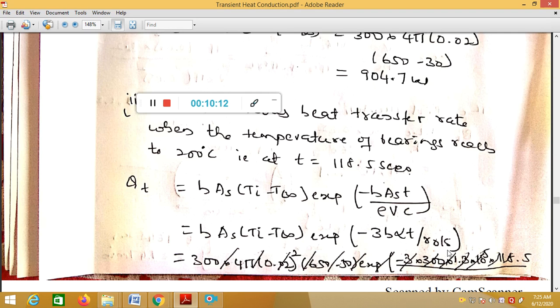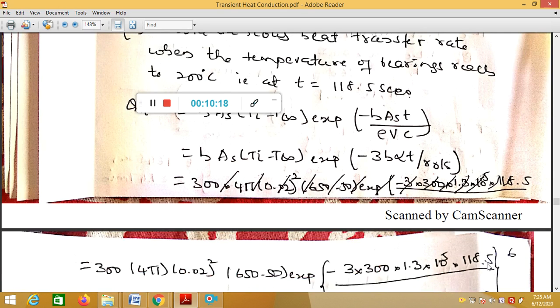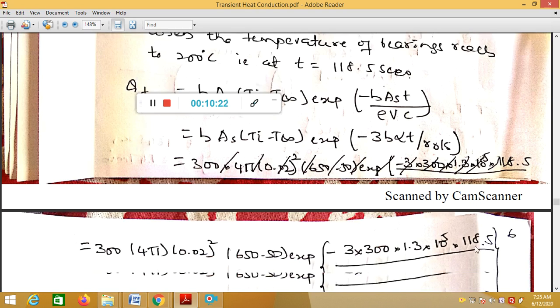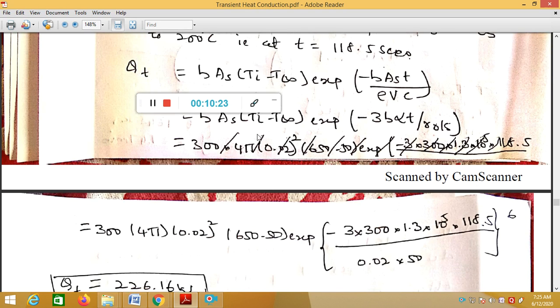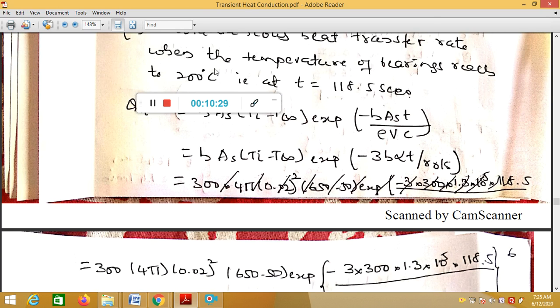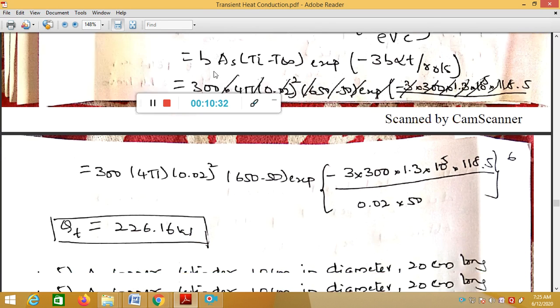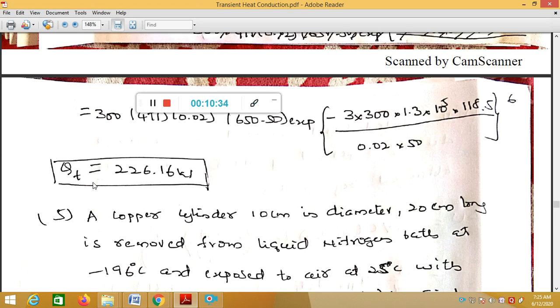Again rho V c as k by alpha we have substituted, and the time is 118.5 seconds. Substituting the values, we get the instantaneous heat transfer rate when the bearings reach a temperature of 200 degree centigrade. You will get Qt equal to 226.16 watt.